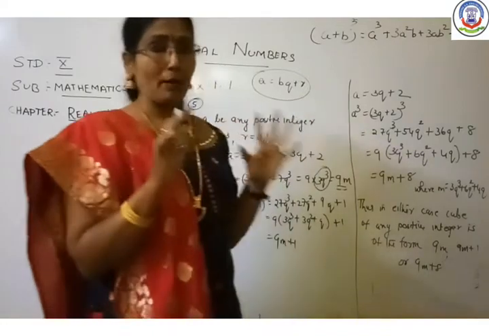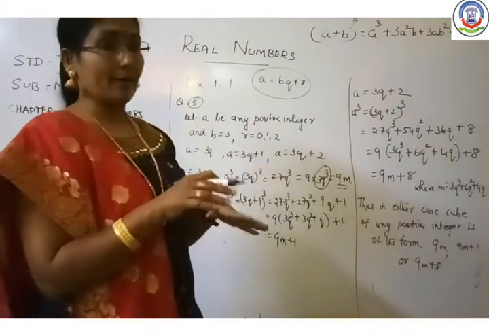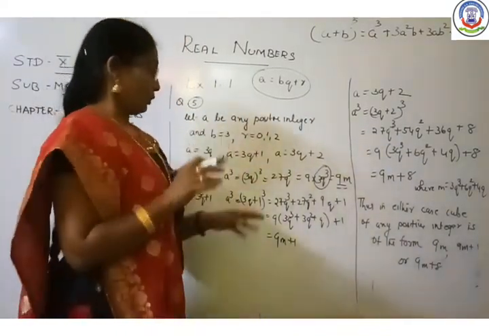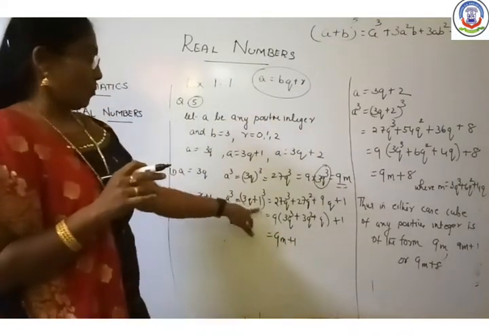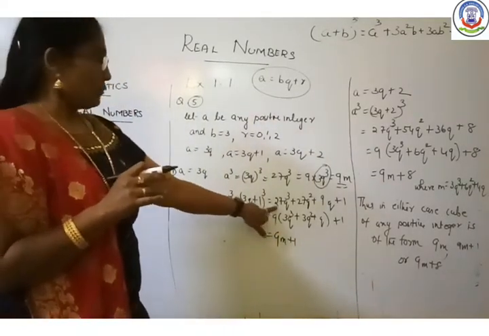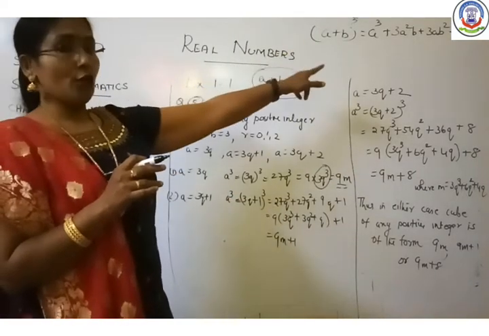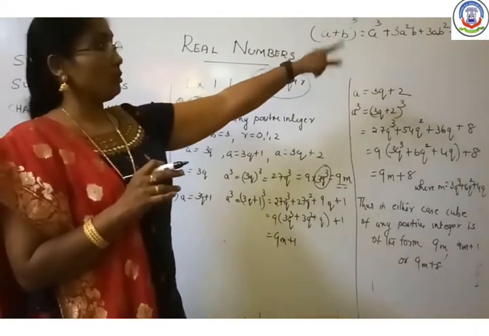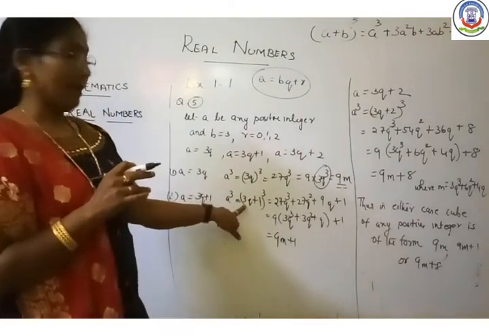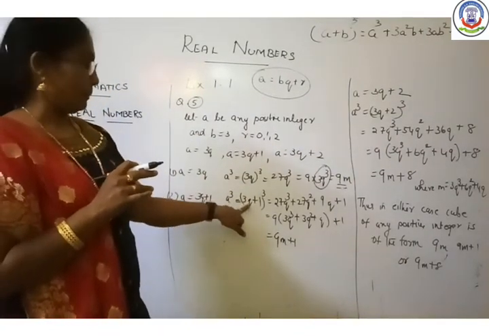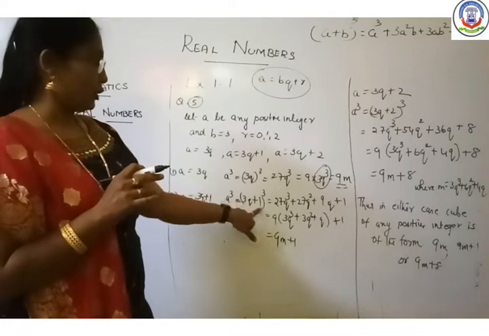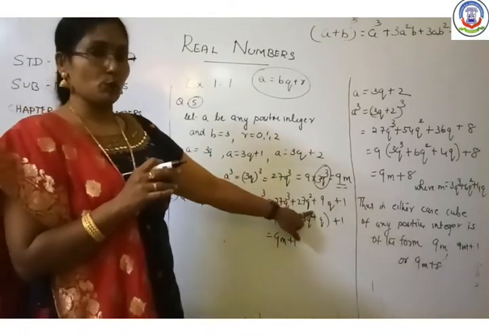This expansion you might be knowing, but I have recalled it again for those who have forgotten. So for 3q plus 1 the whole cube: first term's cube, that means 27q cube. Second term will be 3 into first term square into last term. First term square will be 9q square, multiplied by 3, 27q square into 1. So the answer will be 27q square.